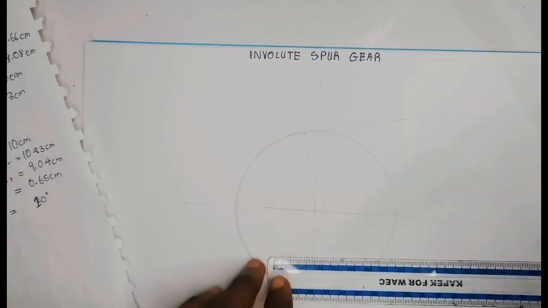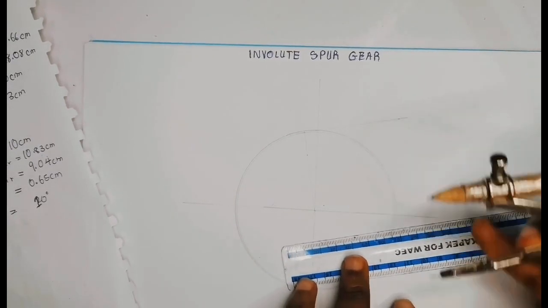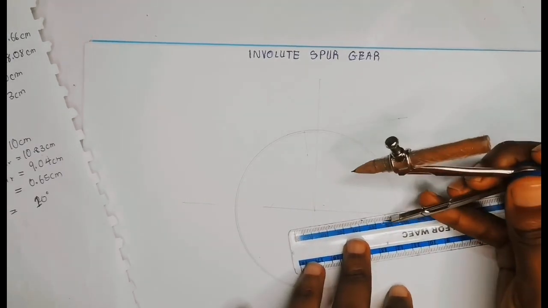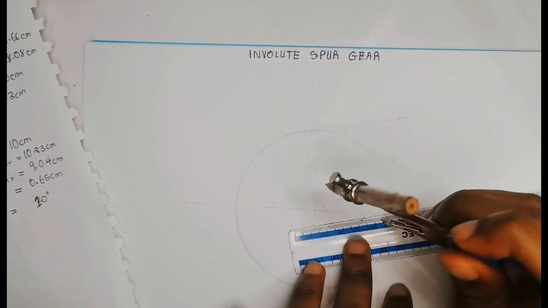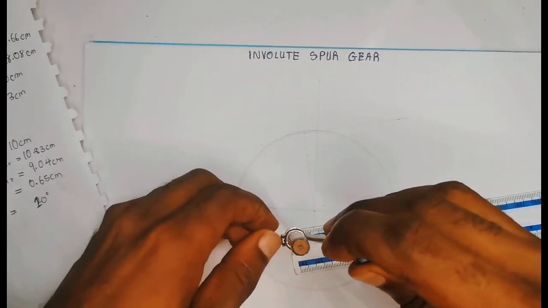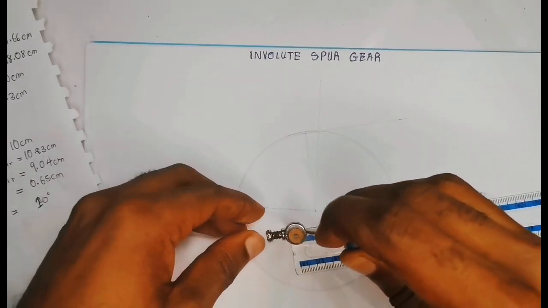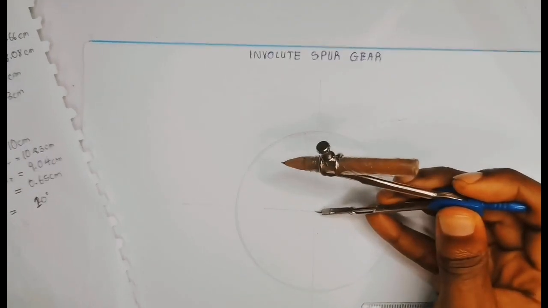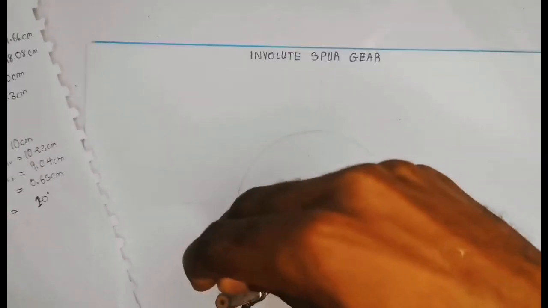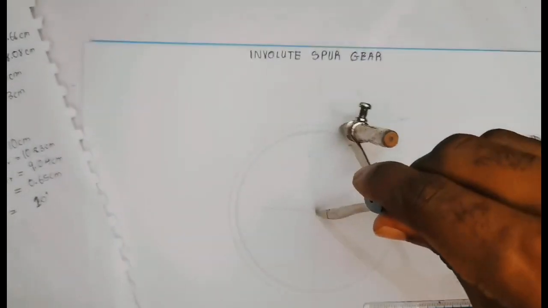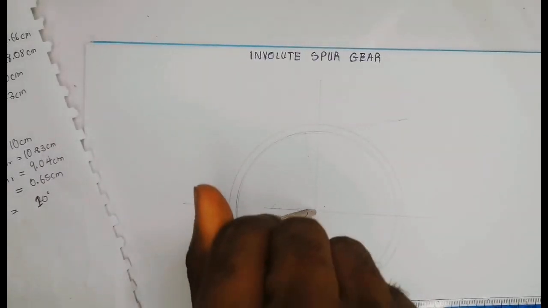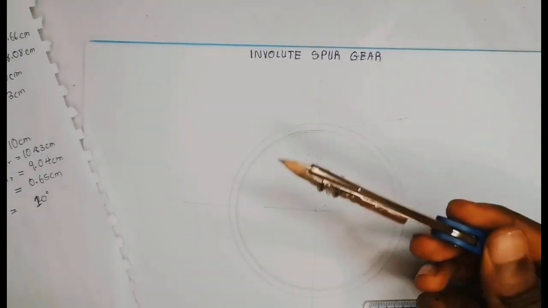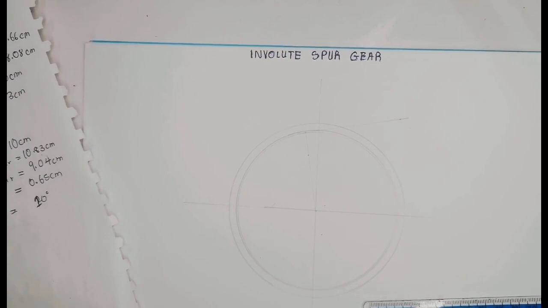So we pick up our compass and measure 5.4 on our meter rule. Now we pin at the 0 point and draw the addendum circle. The addendum circle is the largest circle in the drawing.